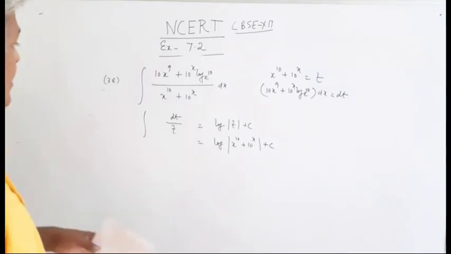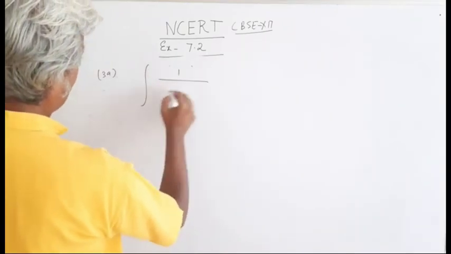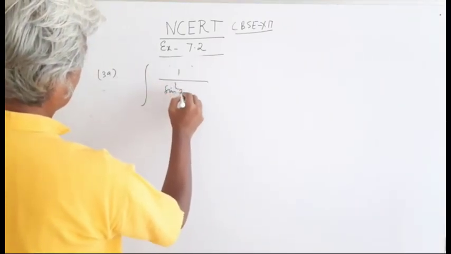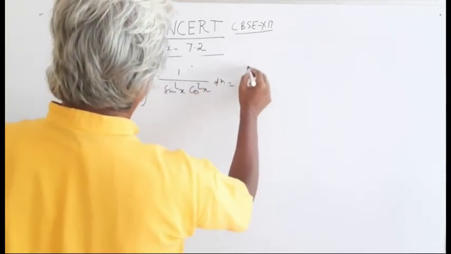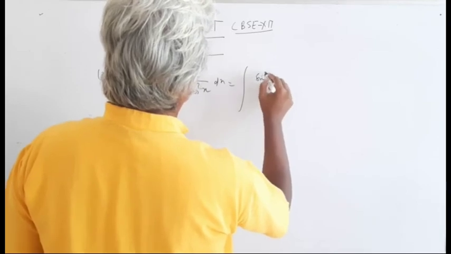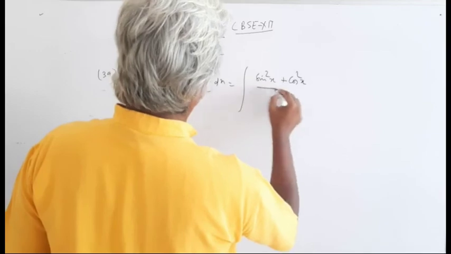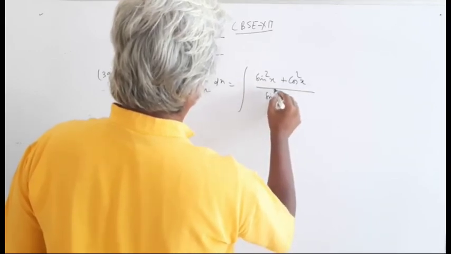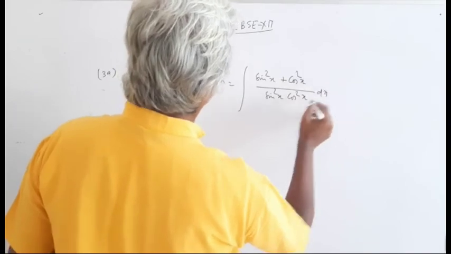Done. Now one more last question of this exercise. Question number 39. We have to find the integration of 1 over sine square x cos square x dx. Now you know that the 1 can be written as sine square x plus cos square x over sine square x cos square x dx.